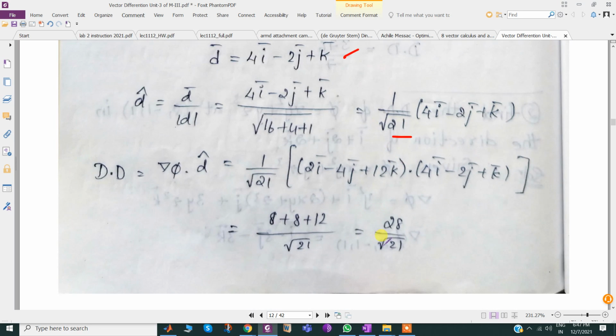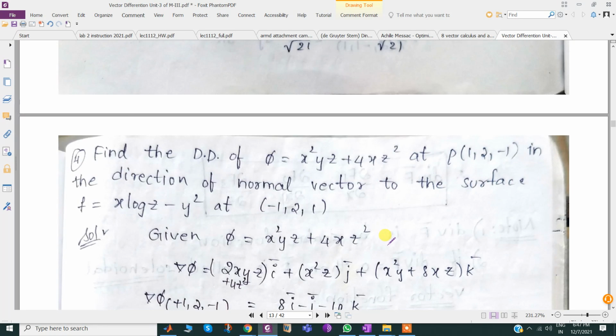Then the directional derivative is the same logic, not much change. The directional derivative of P in the direction of the normal to the surface will be the same logic. Here in the directional derivative, first a vector was given, next a point was given, next the normal. It was asked the direction of the normal to the surface, whatever the concept it might be.